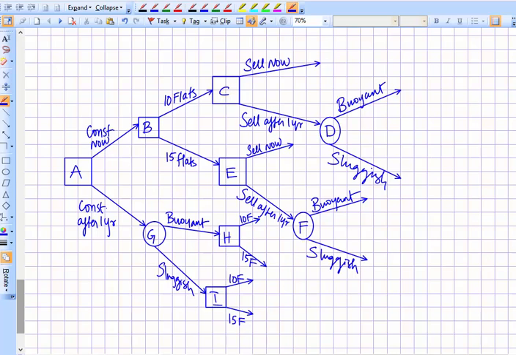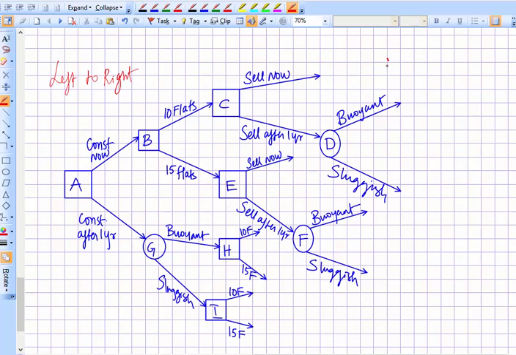So how our evaluation process, see, we know that decision tree is something when you draw, it should go from left to right. But when we do the evaluation, the evaluation should be from right to left.